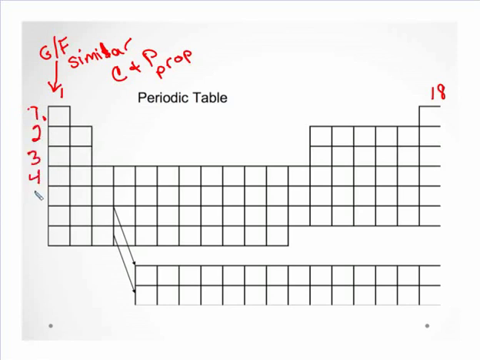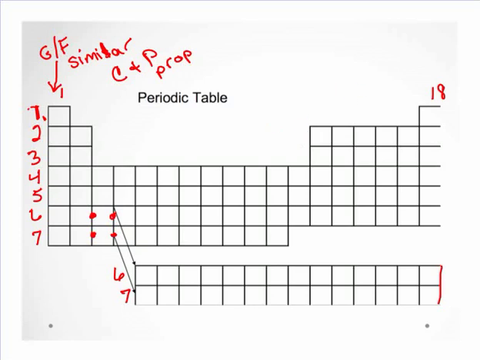So this would be 1, 2, 3, 4, 5, 6, 7, and this is going to be 6 and 7. Sometimes they're taken out here, sometimes they're taken out there. It really depends on the periodic table, and I showed you that expanded view before. So those are our periods 1 through 7 and our groups 1 through 18.